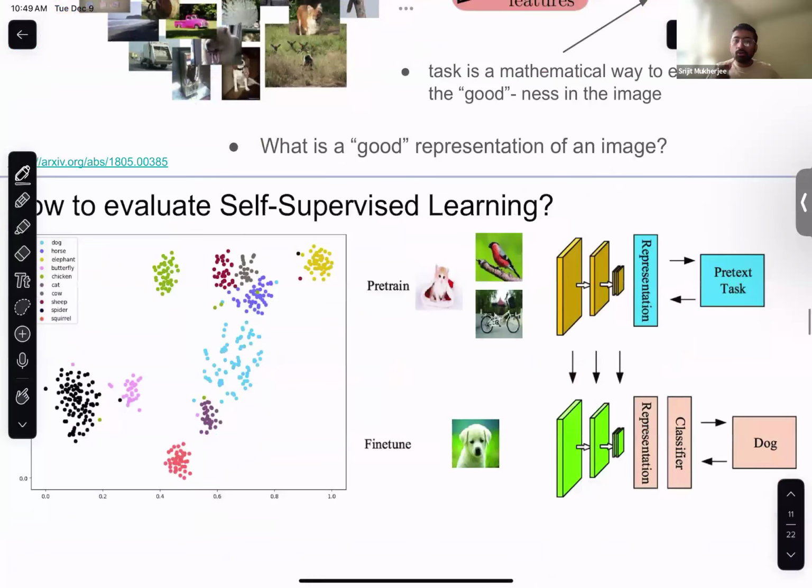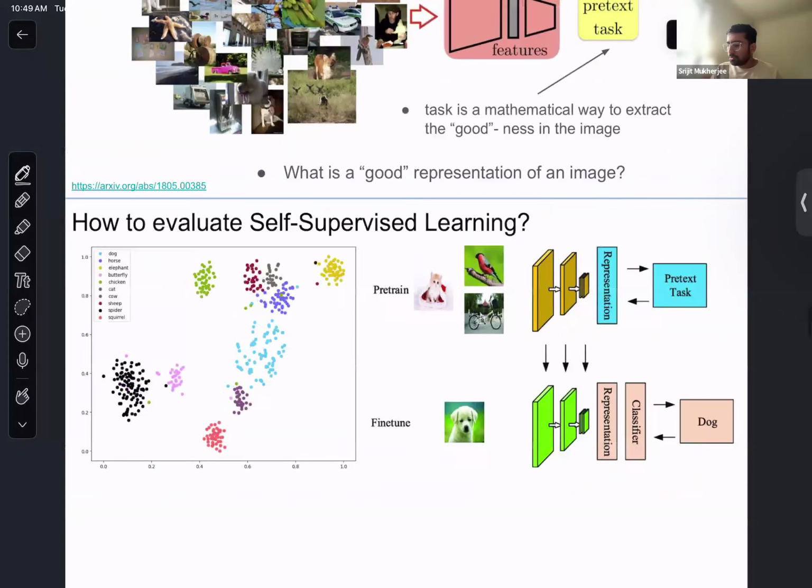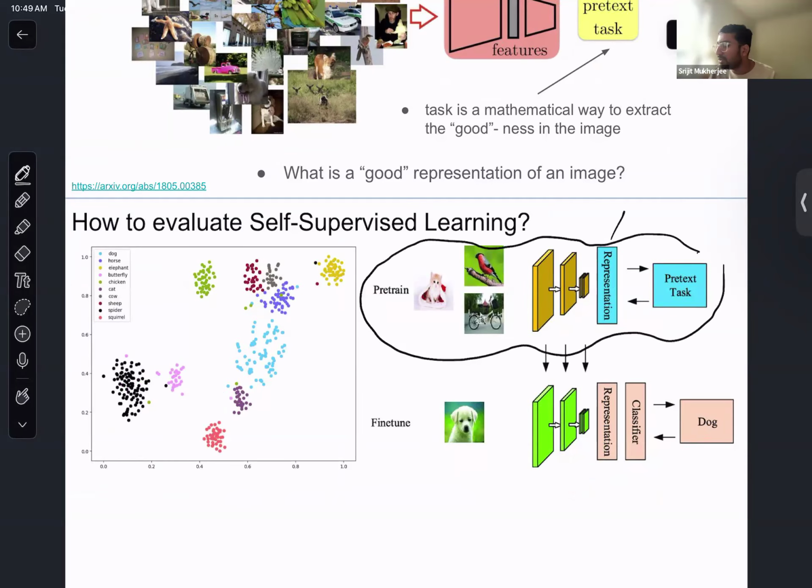Before I go on to discuss what self-supervised learning is, one important question that comes up is how to evaluate it. The way to evaluate self-supervised learning is the following. You have a self-supervised training framework which gives good representations. You take those representations and fine tune them for a classifier, segmentation, object detection, whatever you are doing.